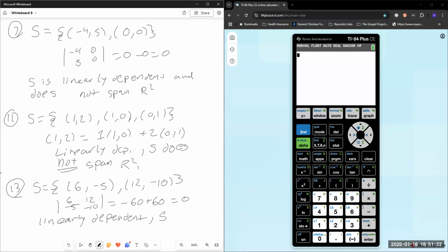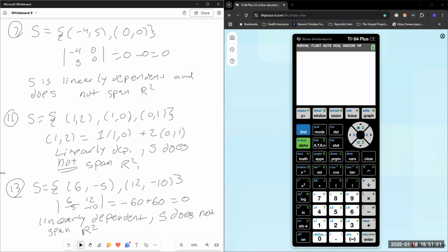Meaning S does not span R2. Okay, so that was the first few problems that tell why it's not a basis.